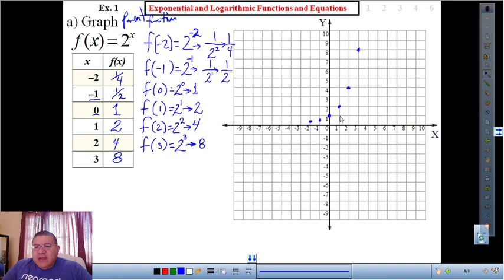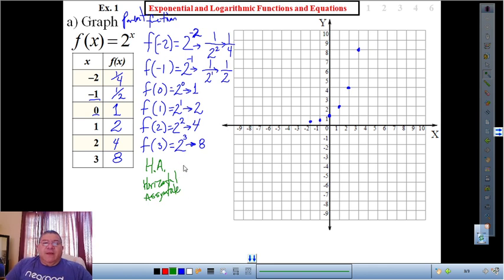Now before I graph it, I need one more piece. And look what I'm going to do. I'm going to write HA. Who remembers what HA stands for? Yeah, horizontal asymptote.